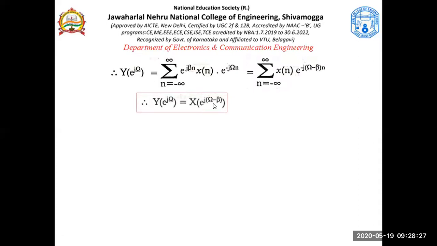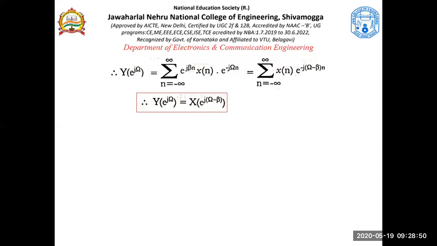So if there is omega minus beta, that shift is going to be there. See, there is an omega minus beta, right? That's why this equation is X of e power j omega minus beta. So the shift in the frequency domain is represented like this.